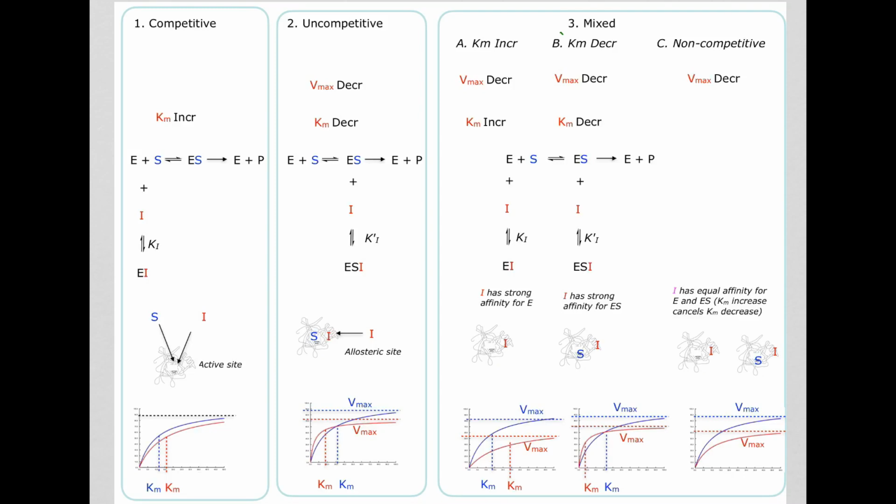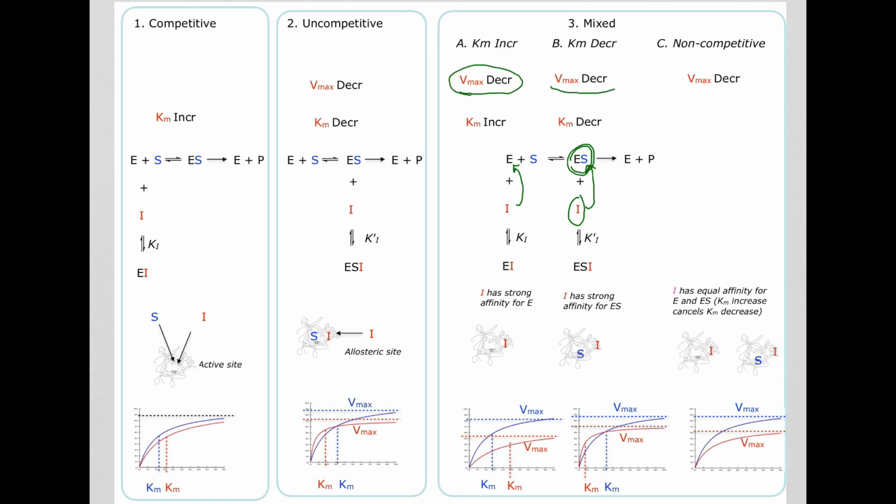Now let's look at mixed inhibition. In mixed inhibition, the inhibitor binds the enzyme substrate complex as well as the free enzyme. Since it binds the enzyme substrate complex, clearly the Vmax is going to decrease.